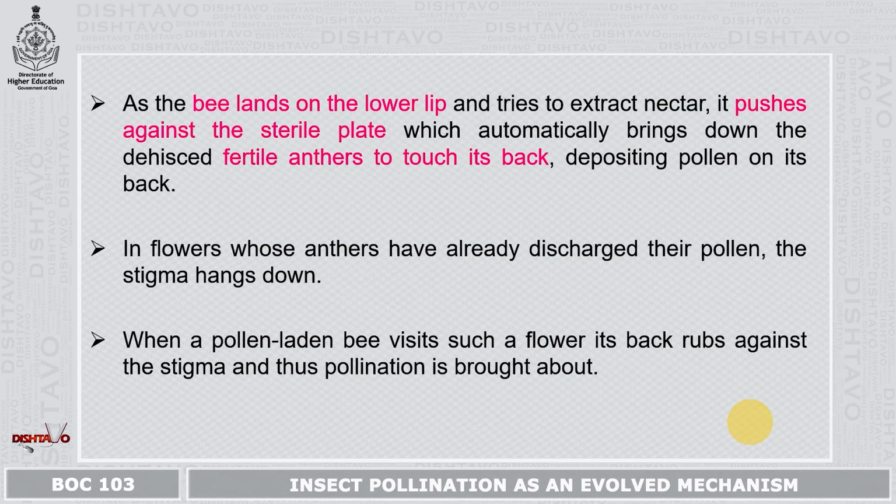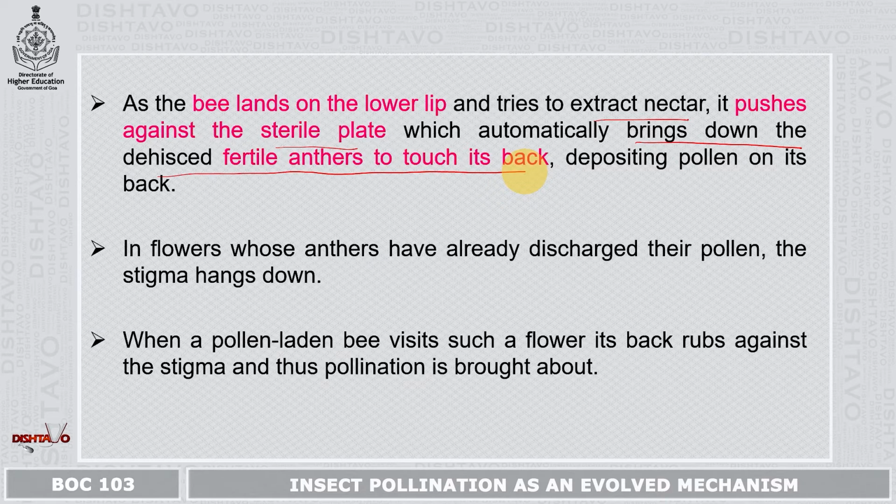As the bee lands on the lower lip and tries to extract nectar, it pushes against the sterile plate, which automatically brings down the dehisced fertile anthers to touch its back, depositing pollen on its back.